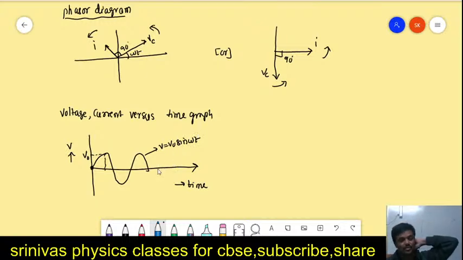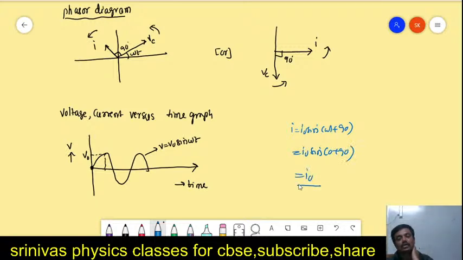If you put t equal to 0, then I equals I naught sin 90, which gives I naught. That means at the start some current will be there.